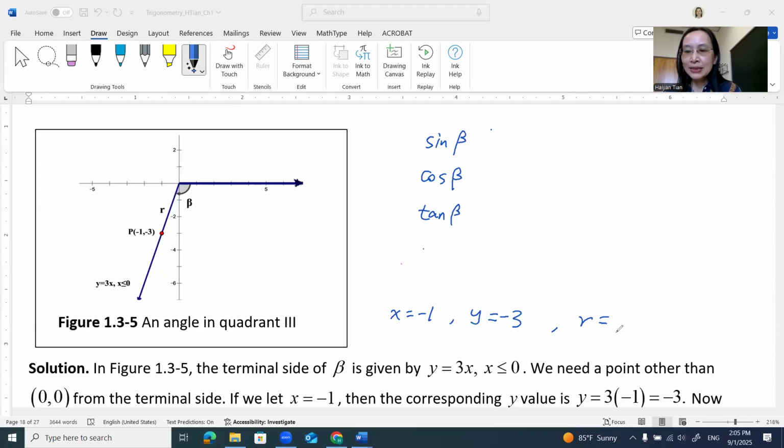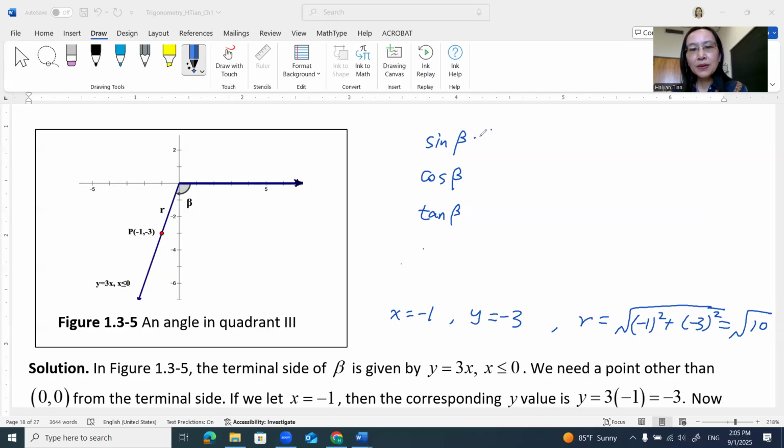Which is a square root of x squared plus y squared, which is square root of what? 1 plus 9, 10. Yeah, so r is square root of 10. So are we ready?